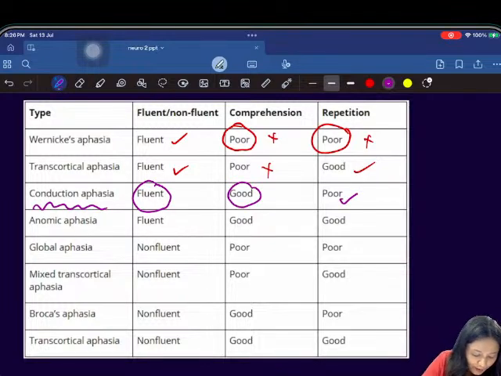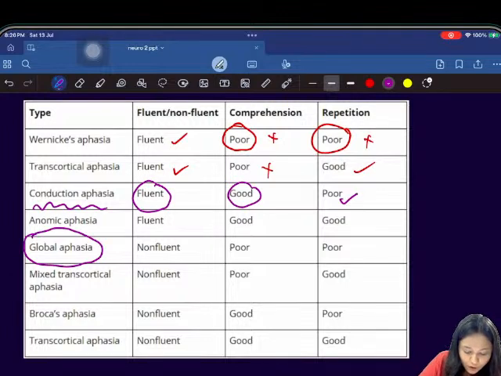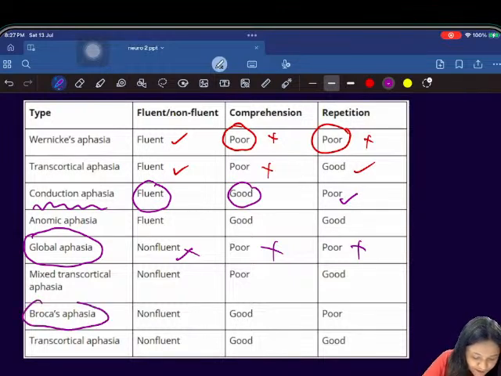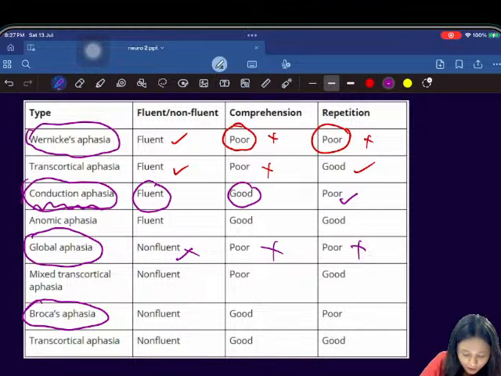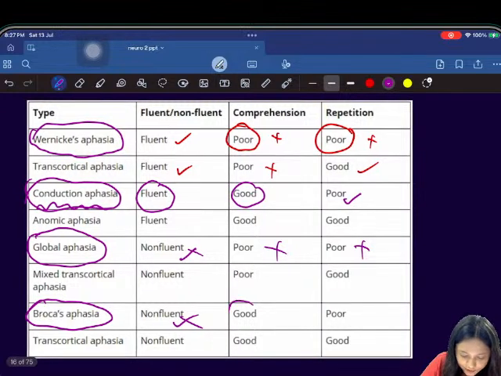Another one we are concerned with is global aphasia: non-fluent, comprehension gone, repetition gone, everything is gone. What about Broca's aphasia? Non-fluent, fluency is gone, comprehension is there and repetition is gone.